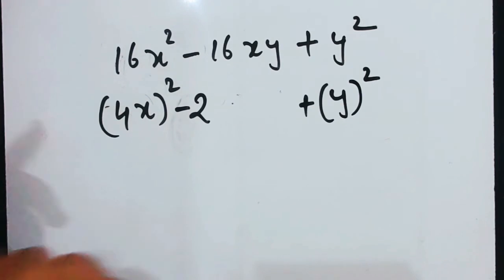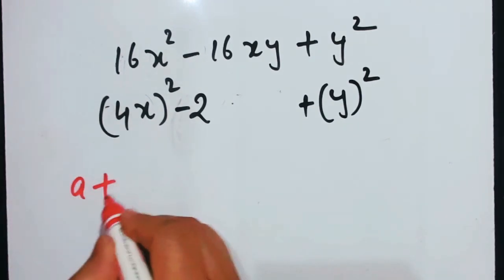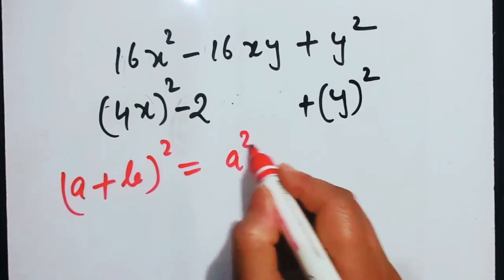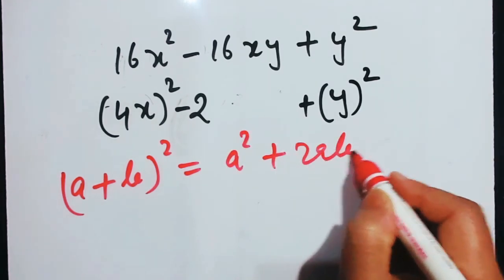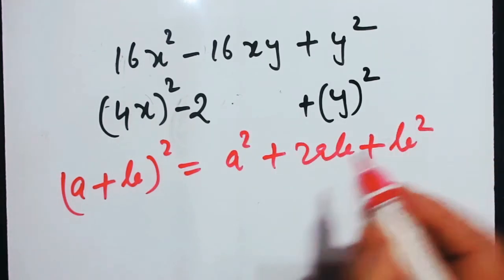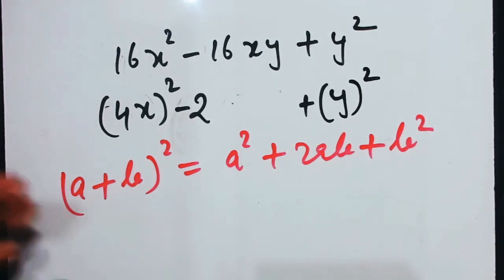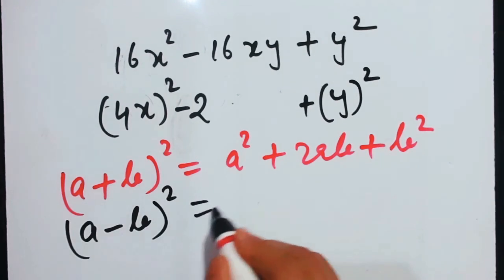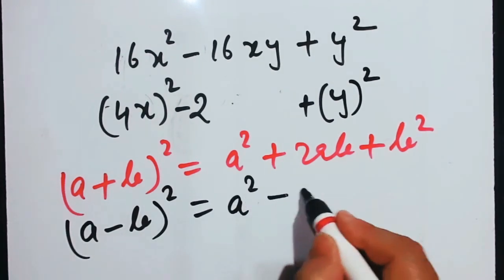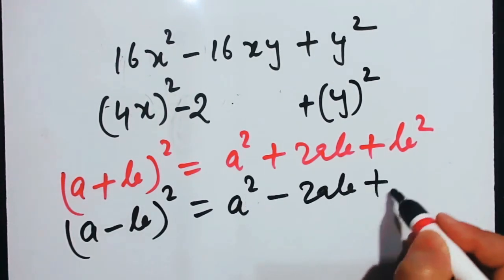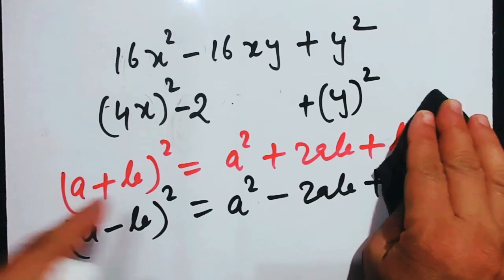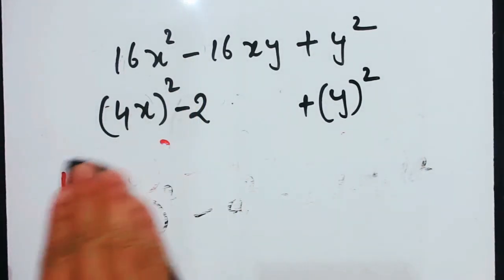This means if a plus b whole square is equal to a square plus 2ab plus b square, similarly a minus b whole square will be equal to a square minus 2ab plus b square, isn't it? So this should come in the formula a minus b whole square, because minus is over here, isn't it?